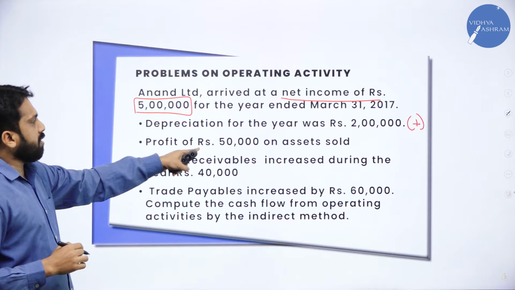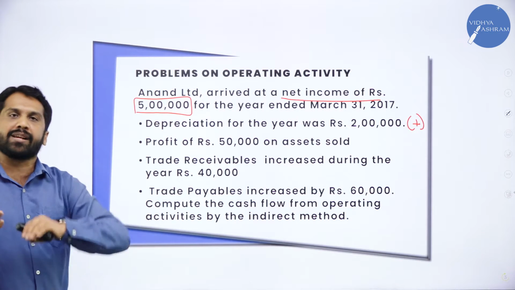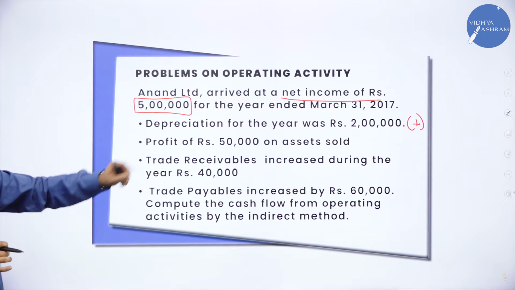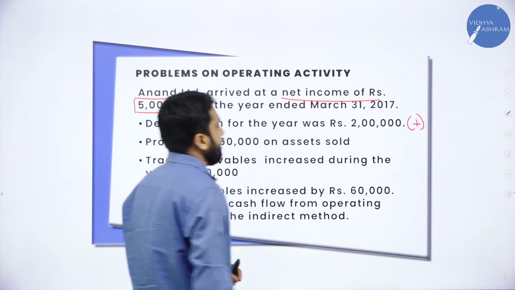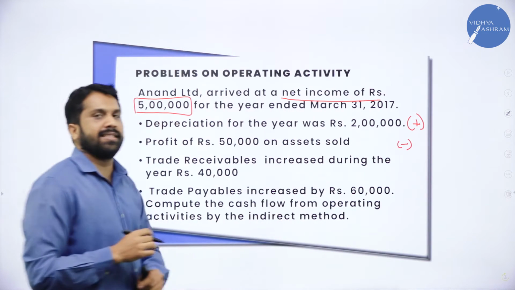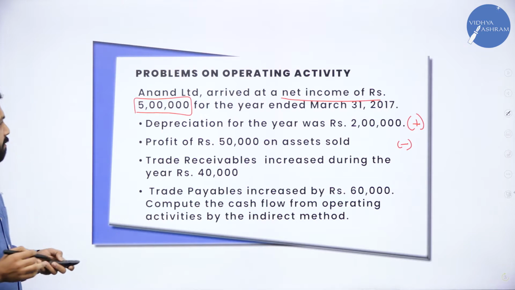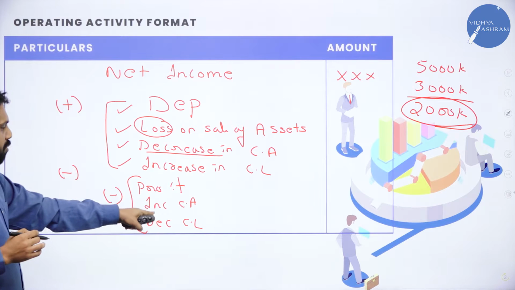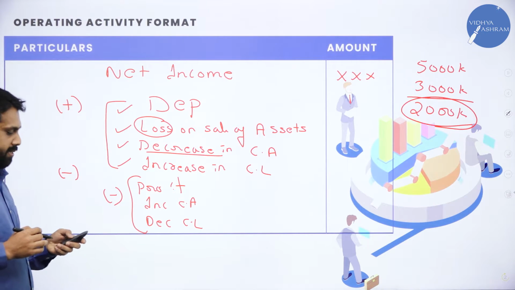Profit of 50,000 on assets sold: again, go back to your format. Any profit on sale of asset, we should minus. Why? Because loss is plus, so if it is profit, minus.